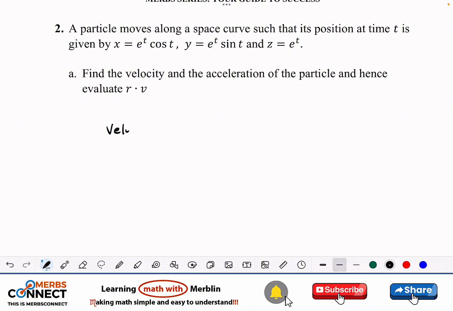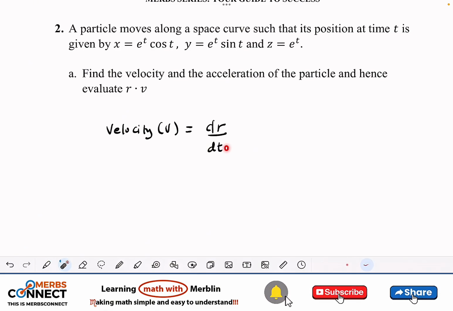So we said the velocity v is equal to dr over dt. It's not always divided by dt. We do dt because the function is in terms of t. So if the function changes and it goes to, let's say, u or anything, then you need to change this one too as well.